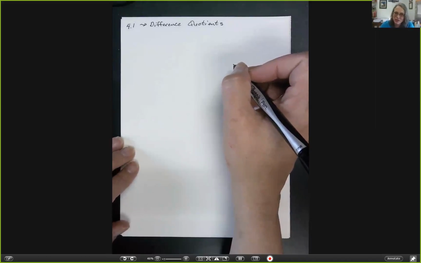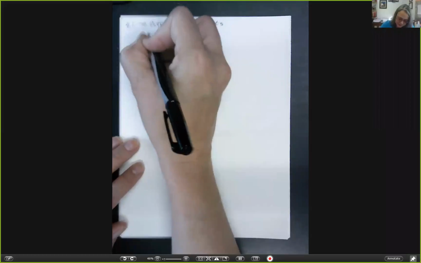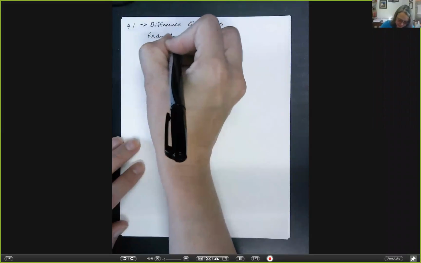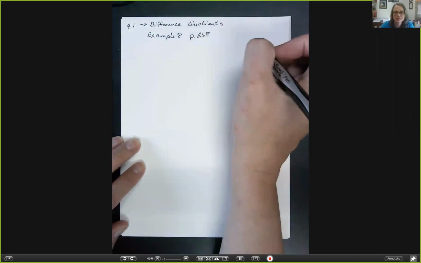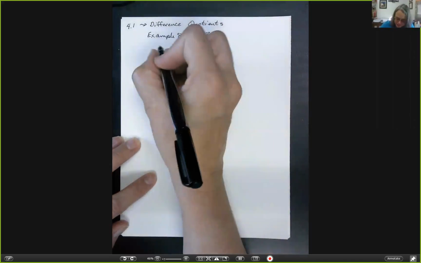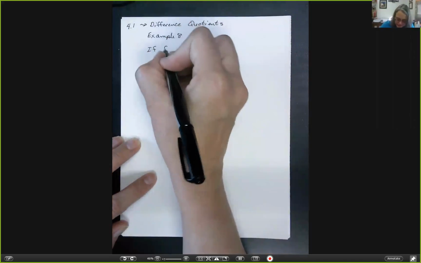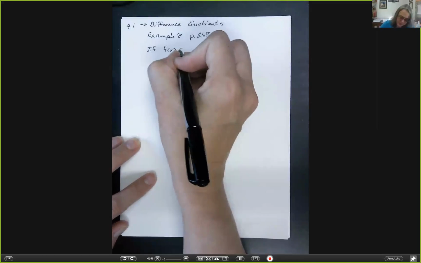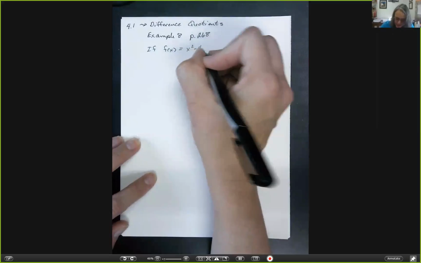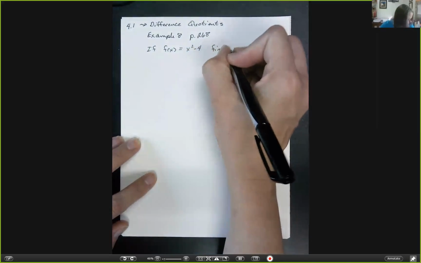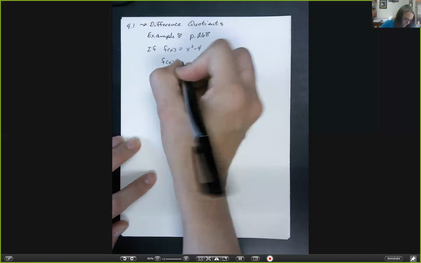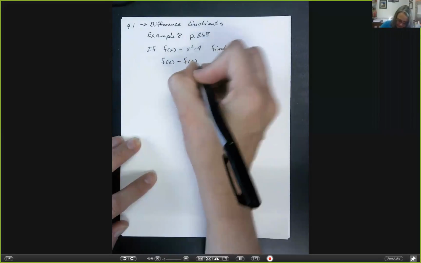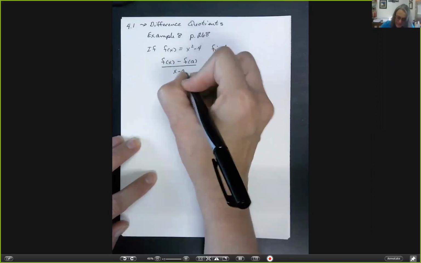But before I do this, so what we're talking about, for example, I'm going to talk about example 8 on page 268 of your text. And what this says is, if f of x equals x squared minus 4, find f of x minus f of a all over x minus a.